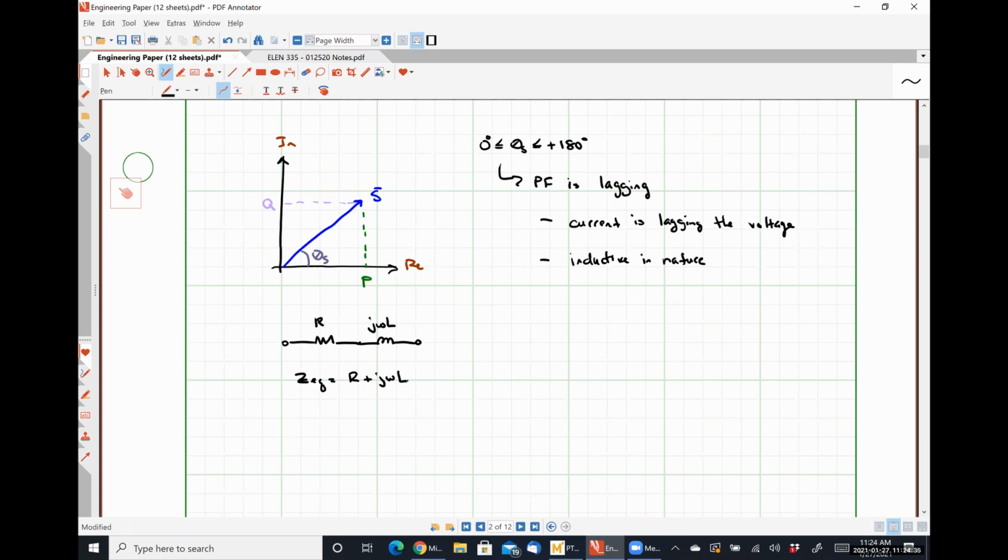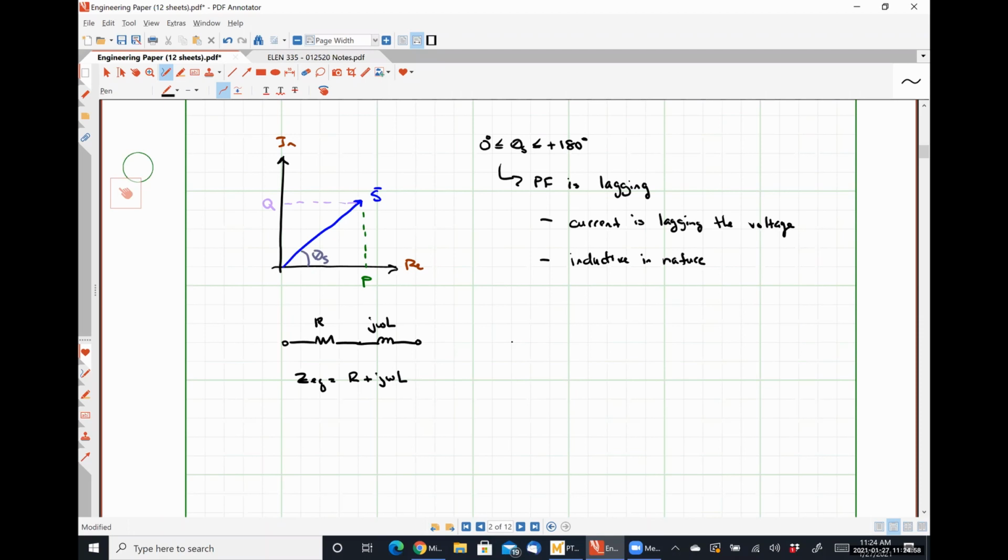Where L is a positive quantity and R can technically be positive or negative here, but we've only ever dealt with positive values of R. Our phase angle for this will always be positive, right? Because the imaginary portion is always above the horizontal axis, our phase angle will always be positive.